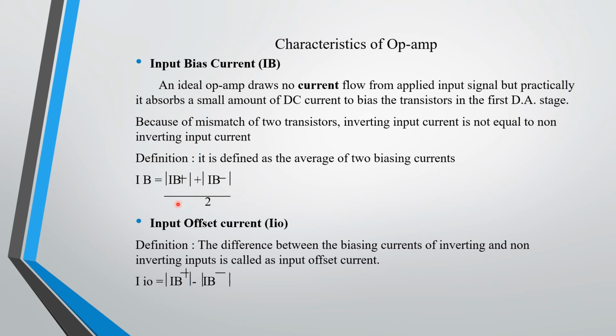Input bias current is defined as the average of the biasing currents of the inverting and non-inverting input terminals. IB plus is the current to the non-inverting input terminal, IB minus is the current to the inverting input terminal. Next one, input offset current, IIO. It is the difference between the two biasing currents, IB plus minus IB minus.